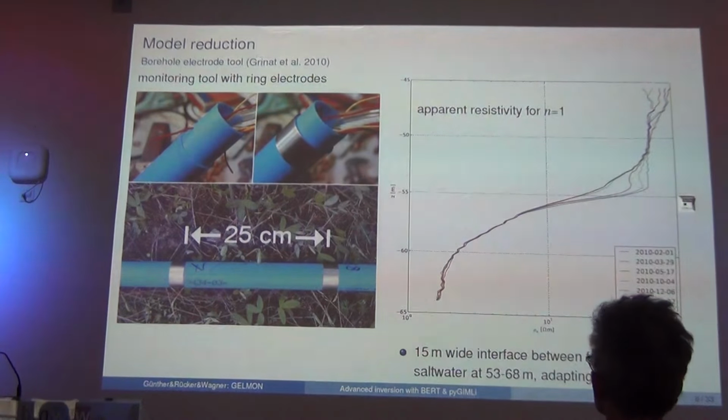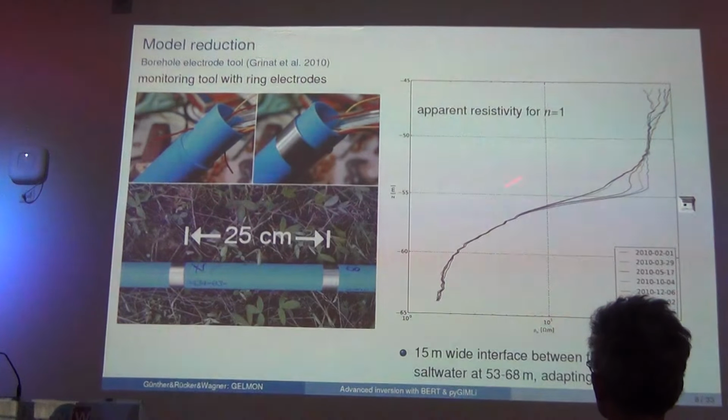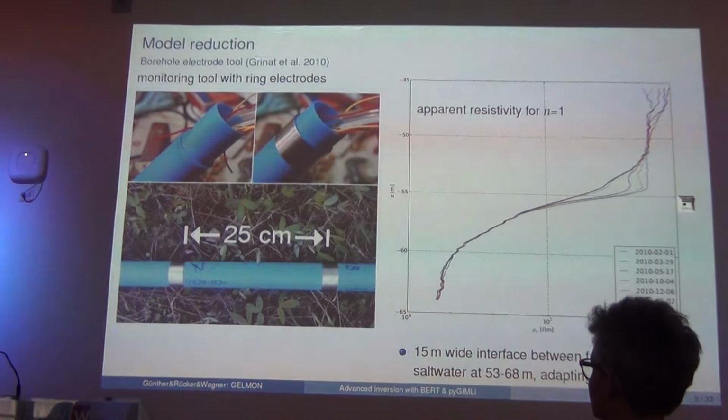It's very arbitrary. So the problem we are having is essentially 3D. It's a 3D current distribution, but the measurement is 2D actually. So it's downward and also inside the formation.